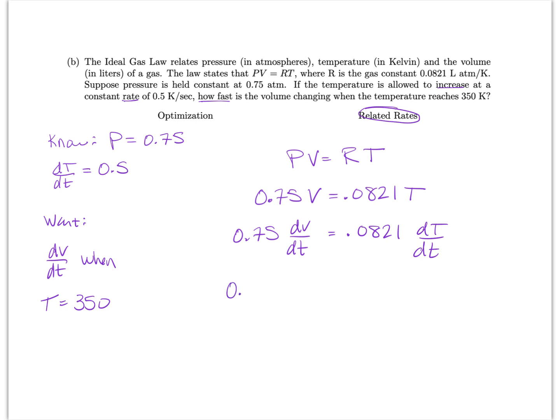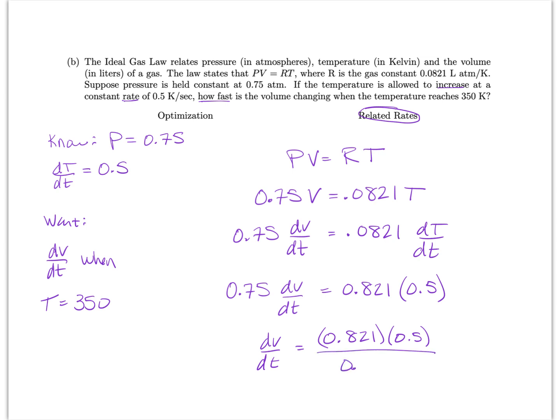So I have 0.75 dV/dt equals 0.0821 times a half. And then I just divide both sides by 0.75, and I have dV/dt is 0.0821 times a half over 0.75. And sure, that could be simplified, but I am not going to bother.